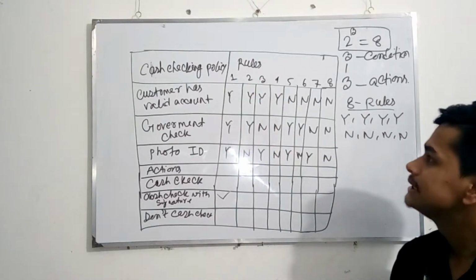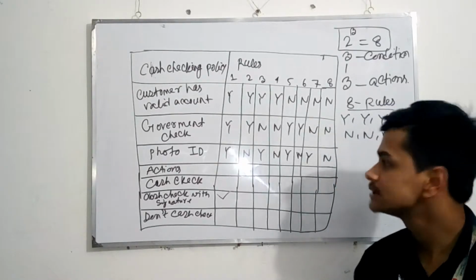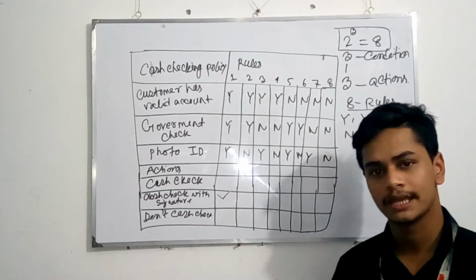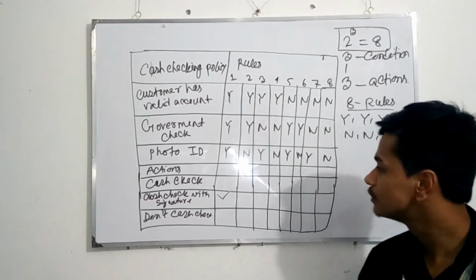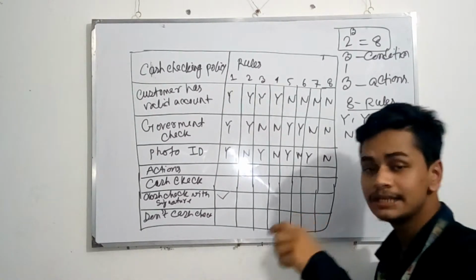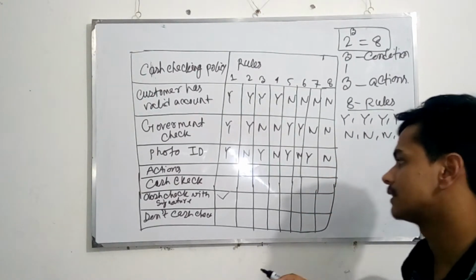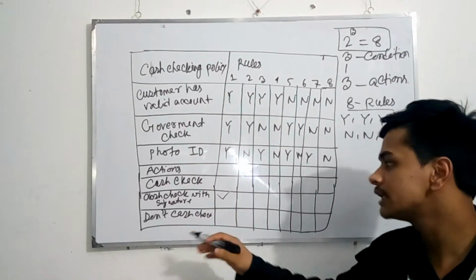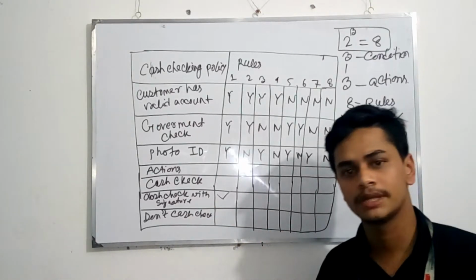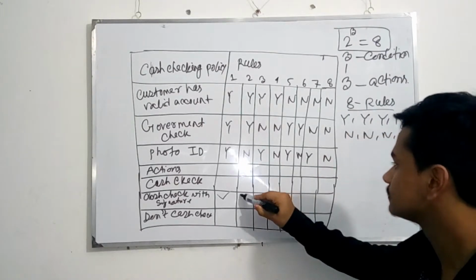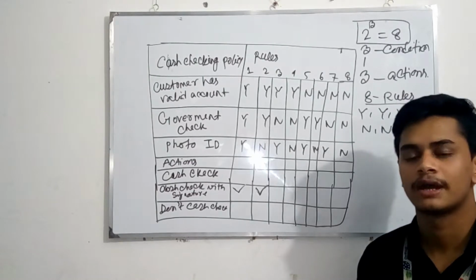In step 2, customer has valid account number, yes. Government check also yes, but he has no photo ID. So in these conditions, we can write only cash check with signature, because he has a valid account and government check. So we complete rules 1 and 2.